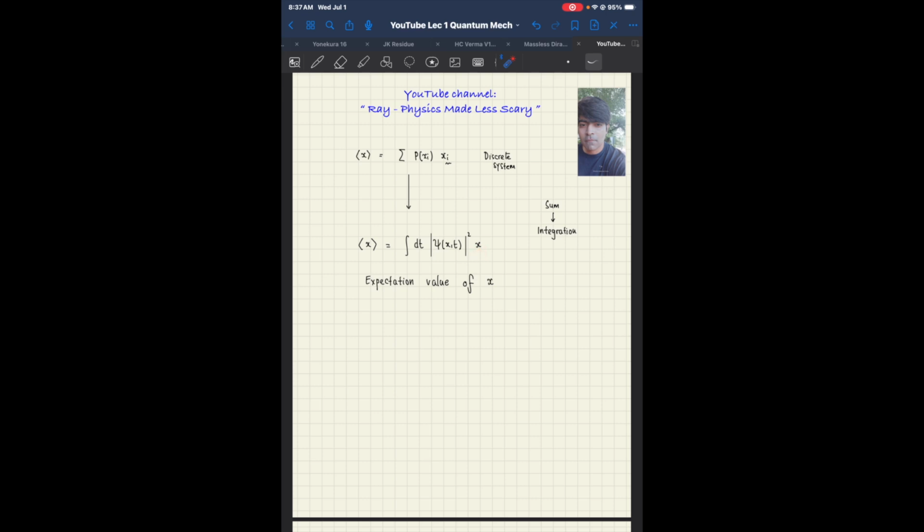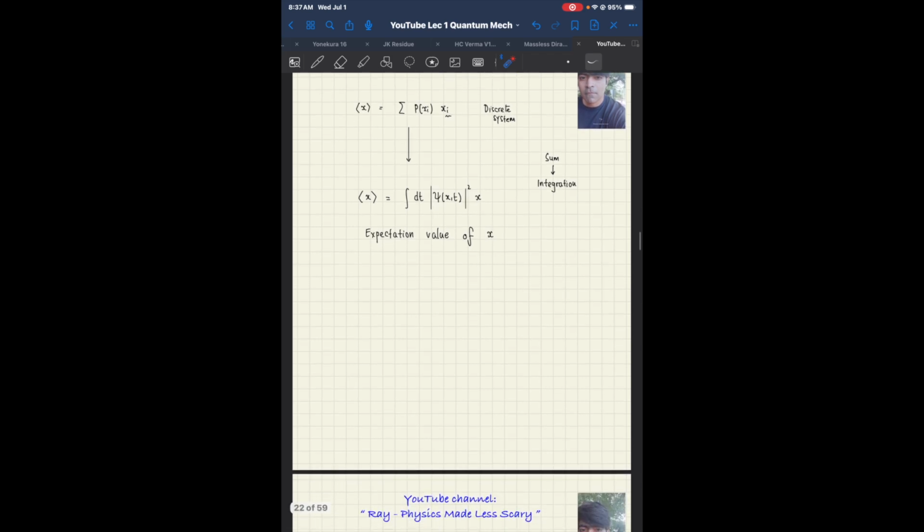So the label, of course, is gone, and the sum over i goes to integration here. So yeah, this is the formula that I wanted to derive. And this is a standard formula, not just in quantum mechanics. If you take up physics later, you will use it even in quantum field theory, and so on and so forth.